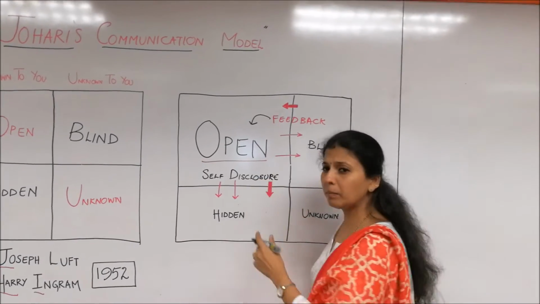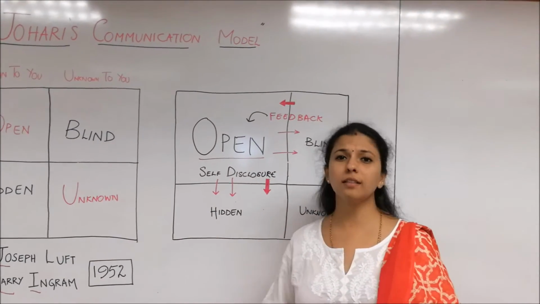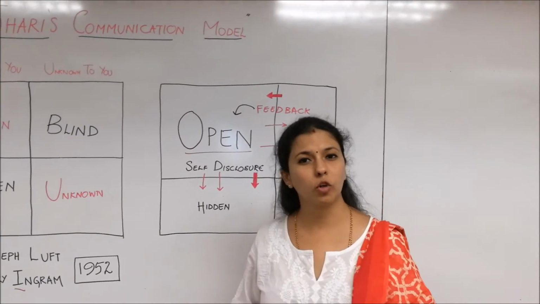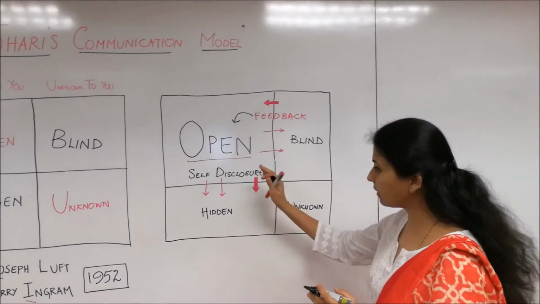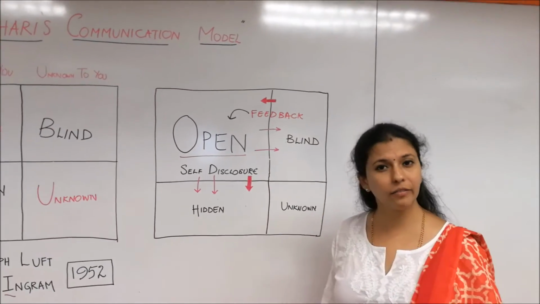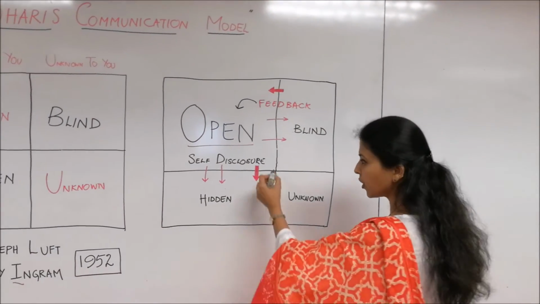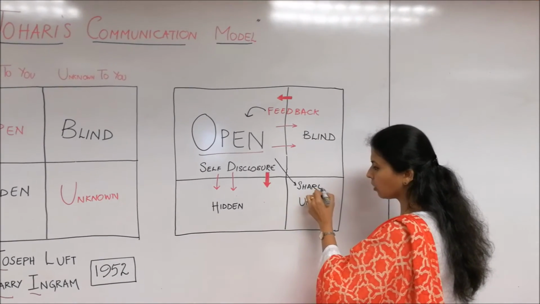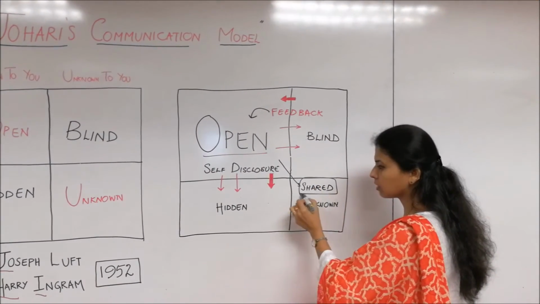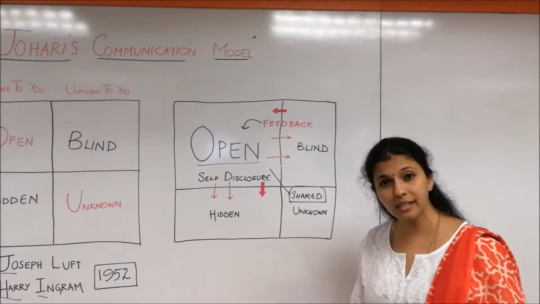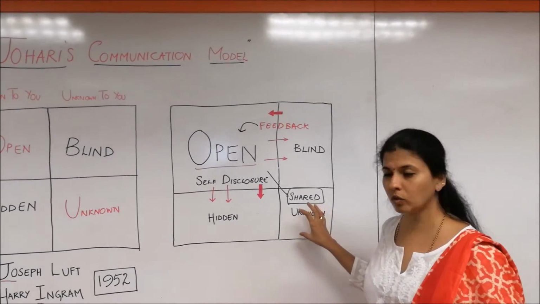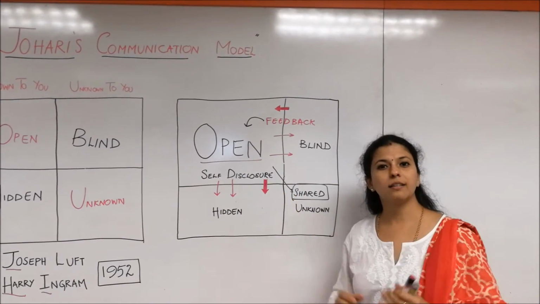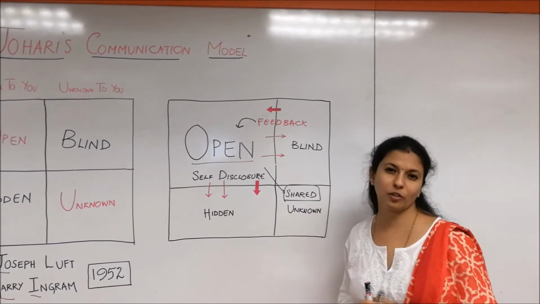So the more the people know about you, the easier it is for communication, easier it is to build a high trust environment. So with the help of self-disclosure as well as effective feedback, we have shared knowledge which will help us identify the area of the unknown. Once you are able to identify those areas which are unknown, we are again widening the open area of the Johari window.